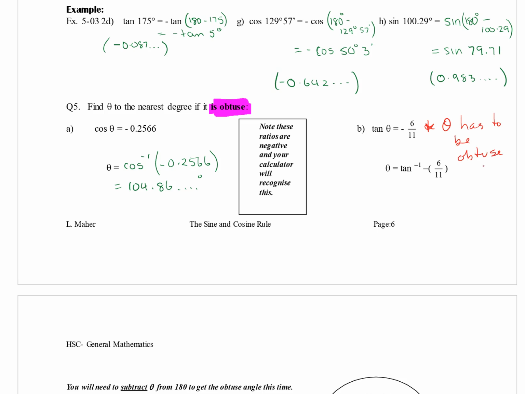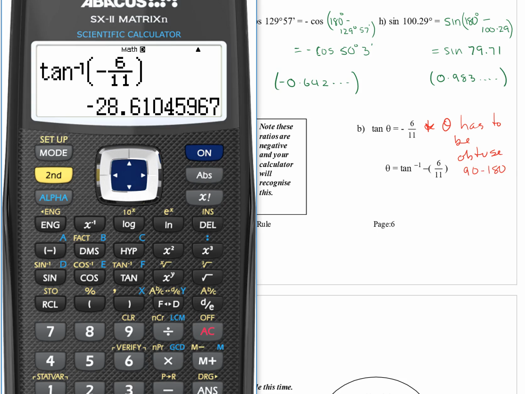That means it has to be a number between 90 and 180. You can see your calculator's giving you this unusual negative angle. So we would take that negative angle, and our understanding of it is that the negative tells you to take that away from 180.